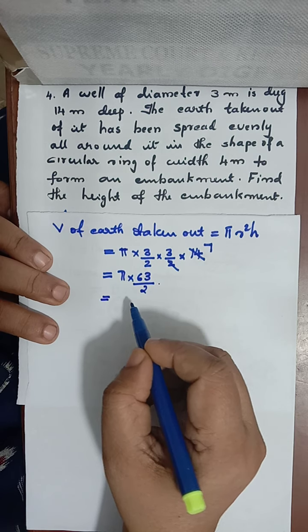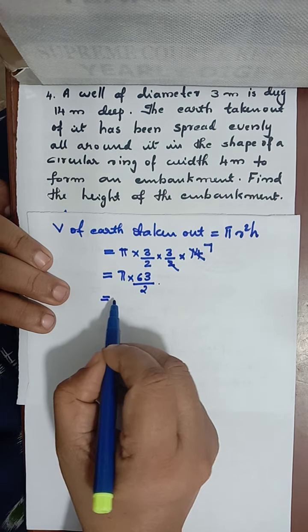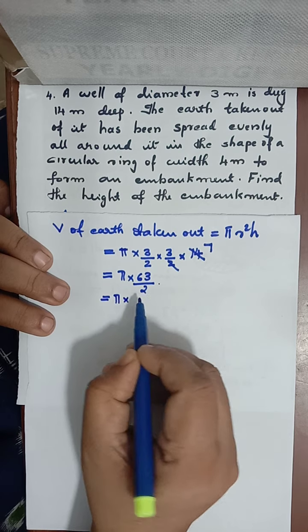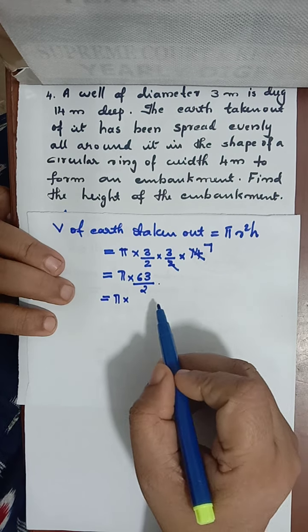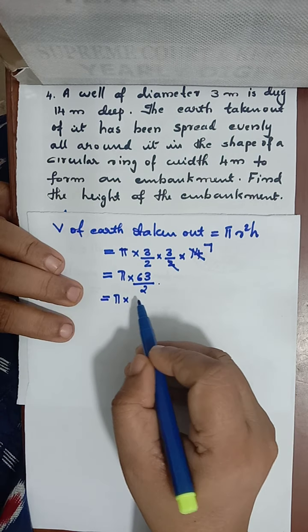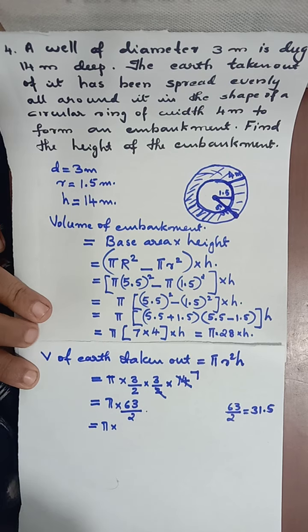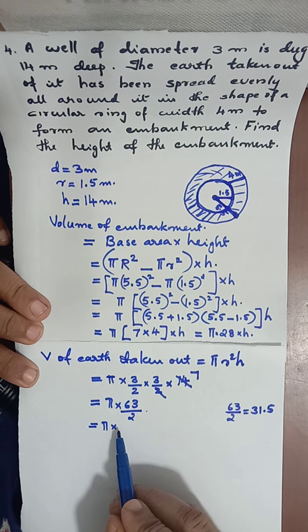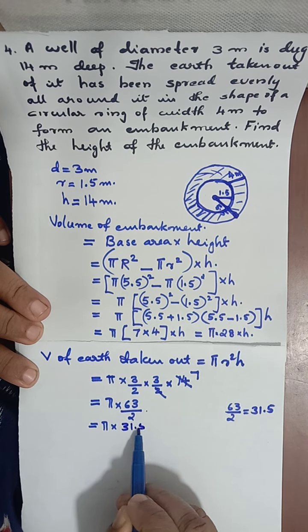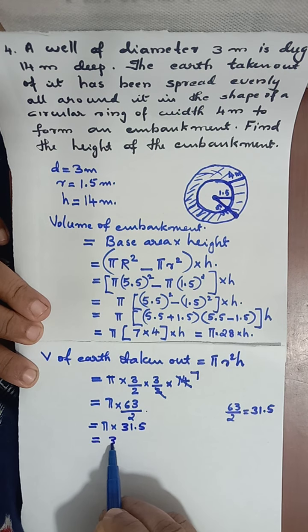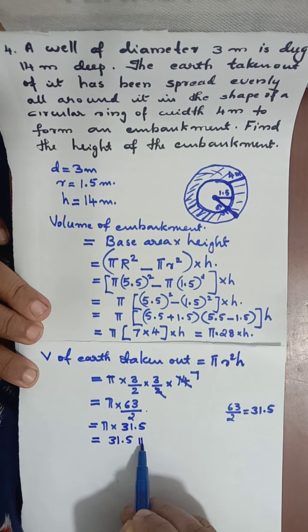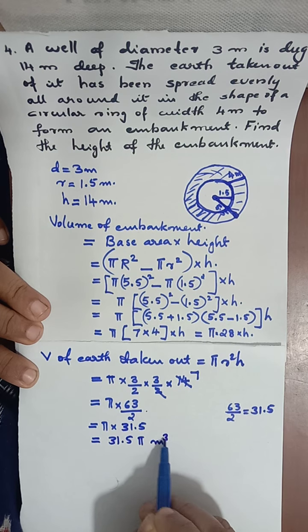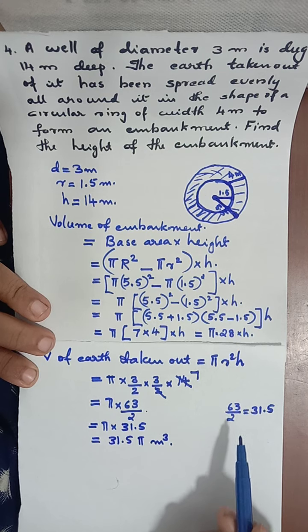Let it be like that: pi into 63 by 2. 63 by 2 means 31.5. So we can rewrite it as 31.5 pi meter cube, the volume of earth taken out.